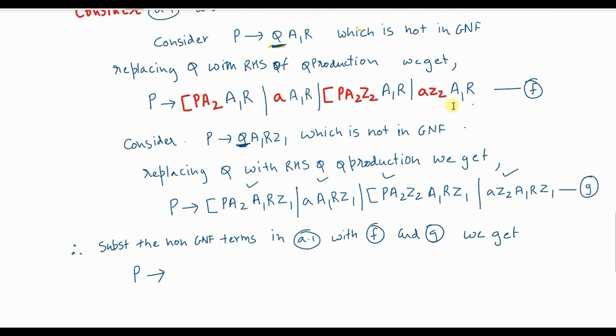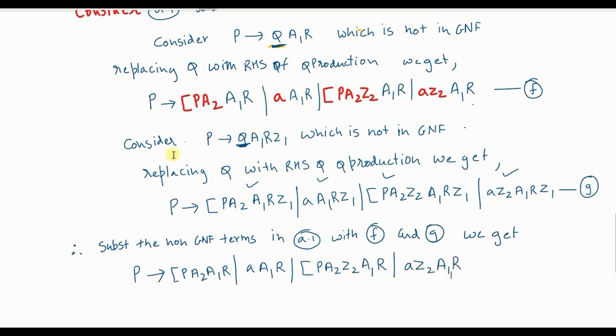So bracket P A2 A1 R or A1 R or P A2 Z2 A1 R or A Z2 A1 R.